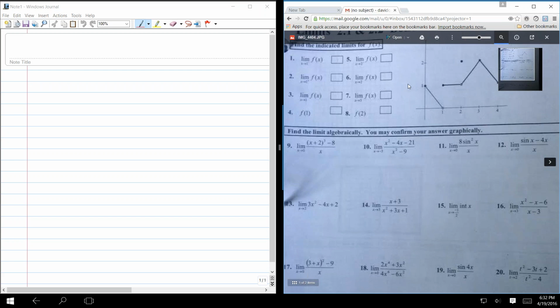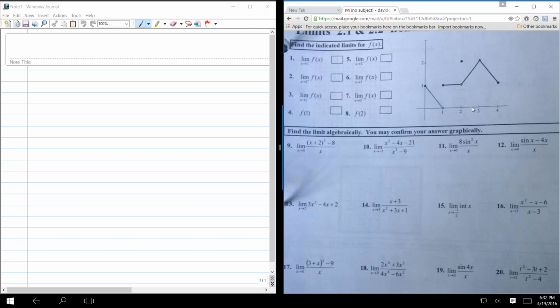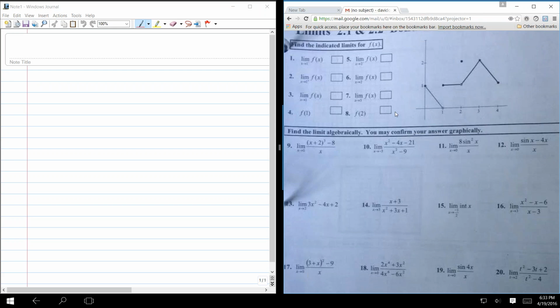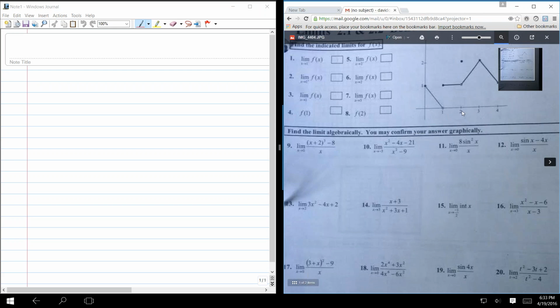What is it as we approach 2 from the right? Even though it doesn't have that on there, it's still an important observation. Would that still be 1? Correct. So what is the limit at 2? 1. Correct. That's what's hard for a lot of people to accept, that even though f of 2 is equal to, what is f of 2 equal to?